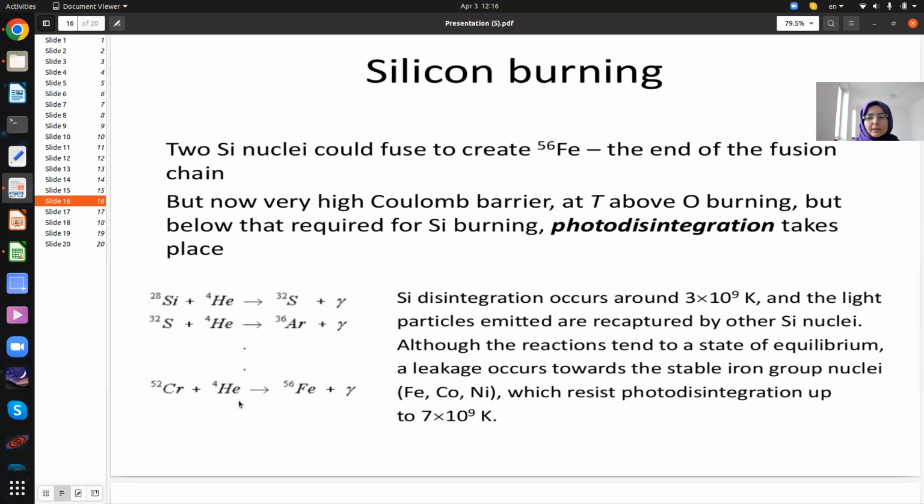Although the reactions tend to a state of equilibrium, a leakage occurs toward the stable iron group nuclei, Fe, Co, and Ni, which resist photodisintegration up to 7 × 10^9 Kelvin. And you see here.